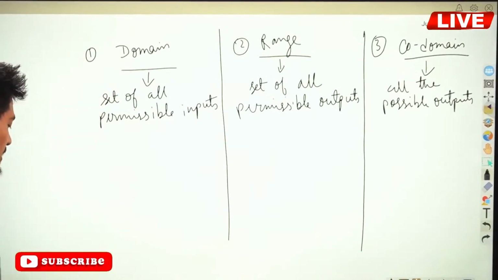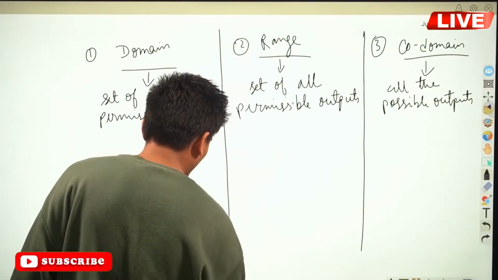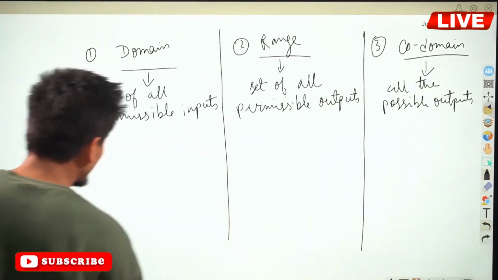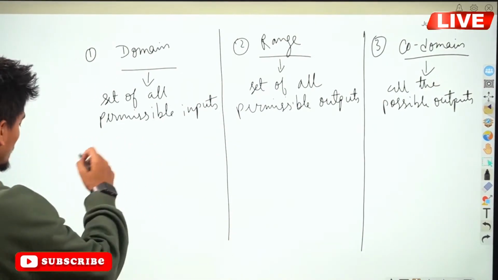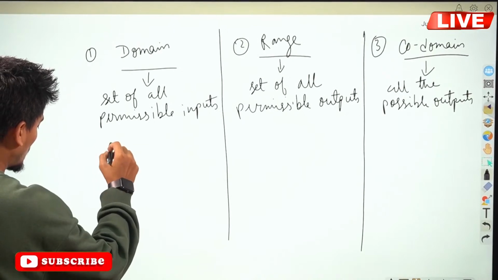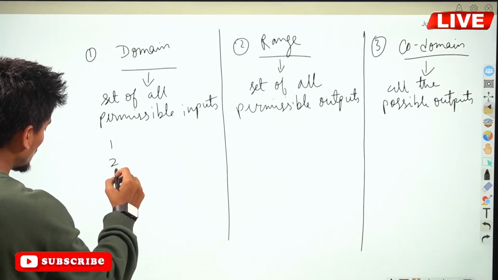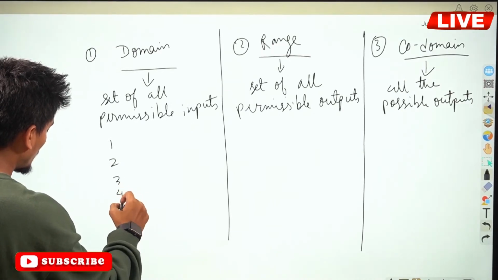Okay. Now, say for example, we have 1, 2, 3, 4.